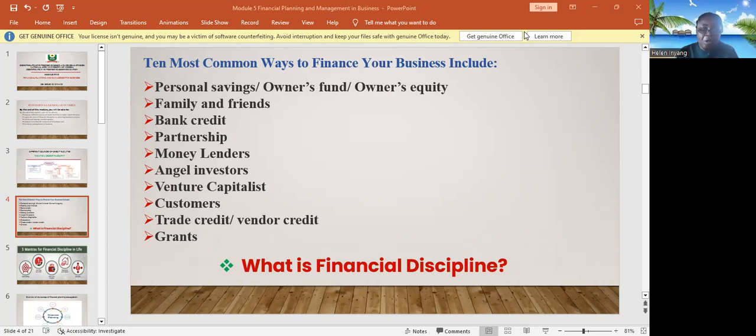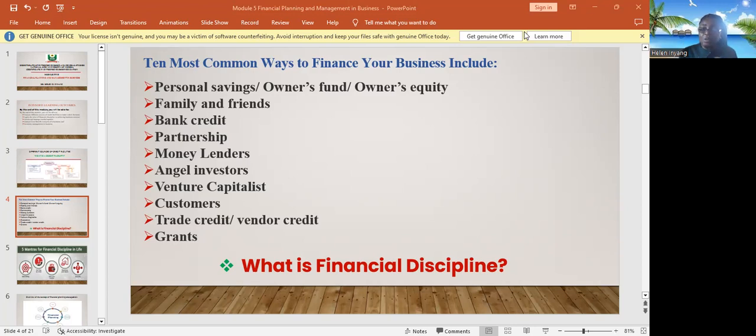You can also source money from bank credits. As in that chart, the debts come from the bank in most cases. And then you can also partner with people. For example, you generate the idea. You are an innovator. You have come in with an idea, but you don't have money to finance your business.